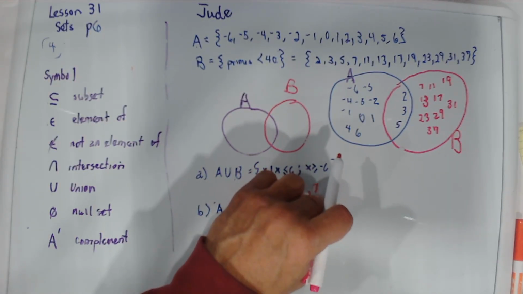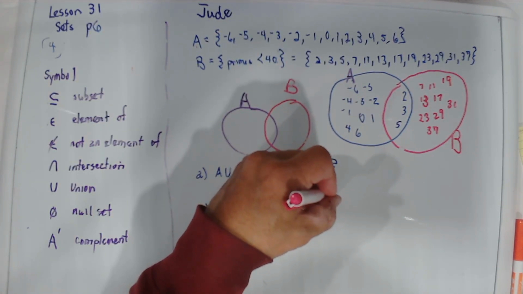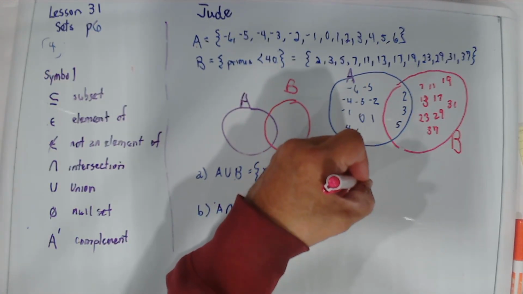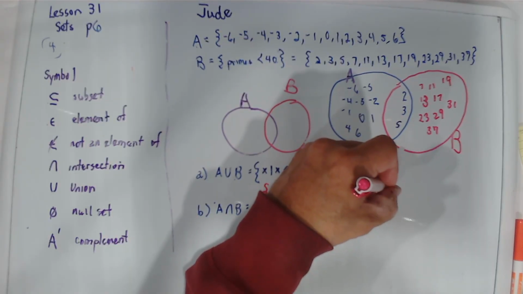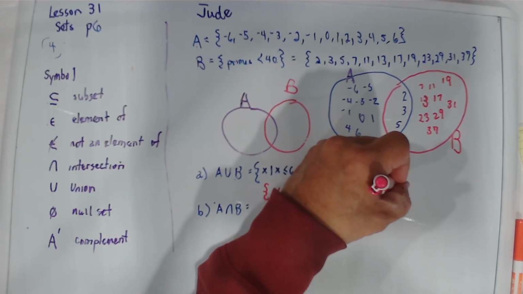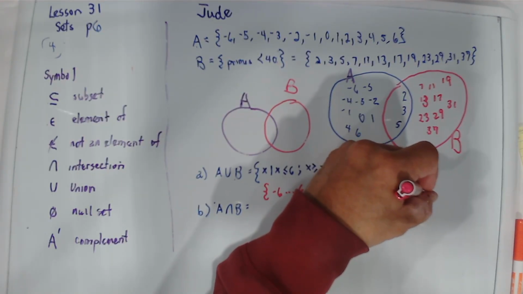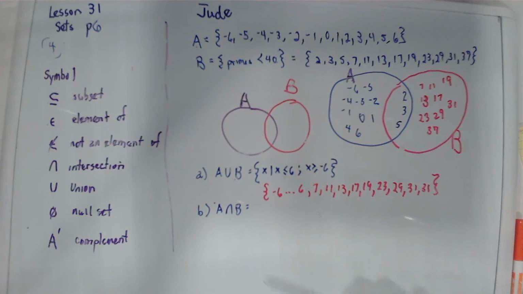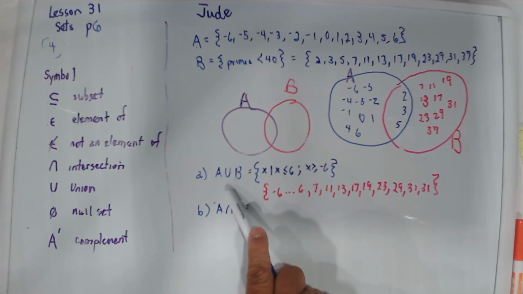So if I want to, I could do 7, 11, 13, 17, 19, 23, 29, 31, and 37. So that would be the union, and you can see how I combined everything that was in A and in B, because that's what union means.